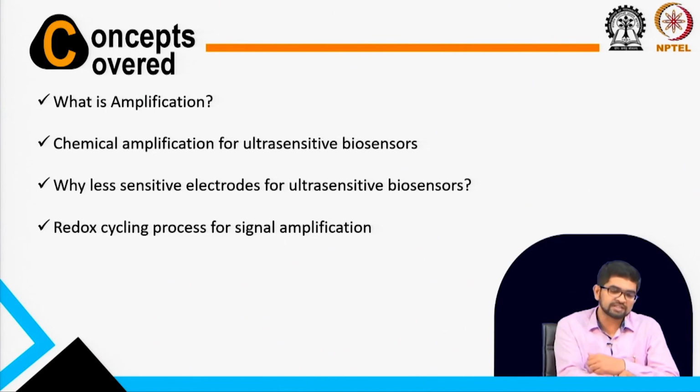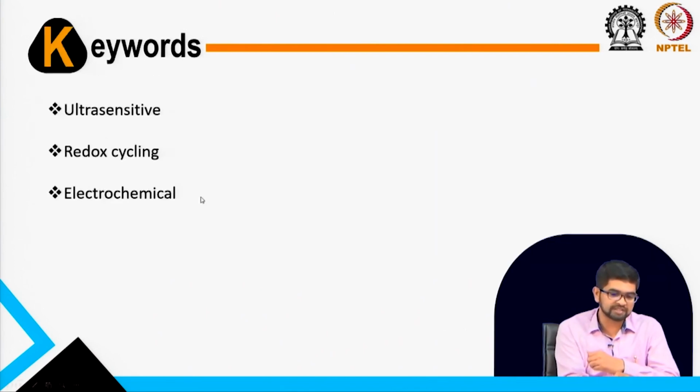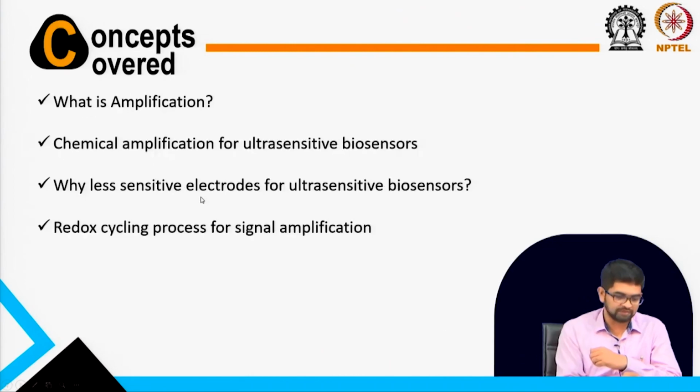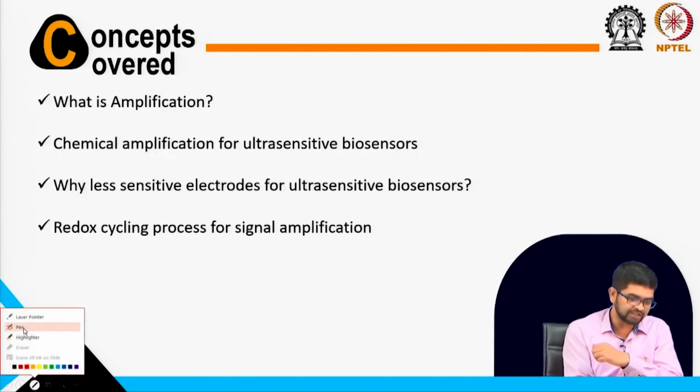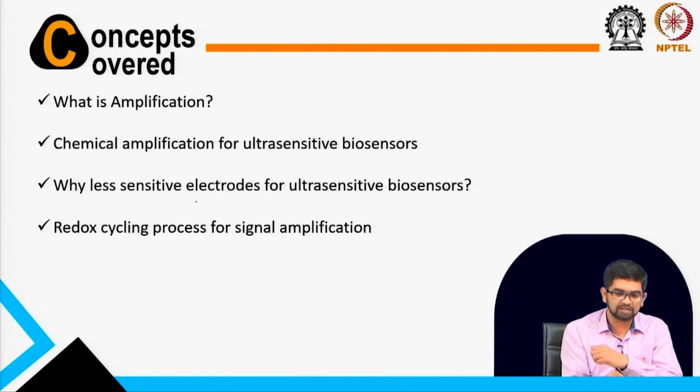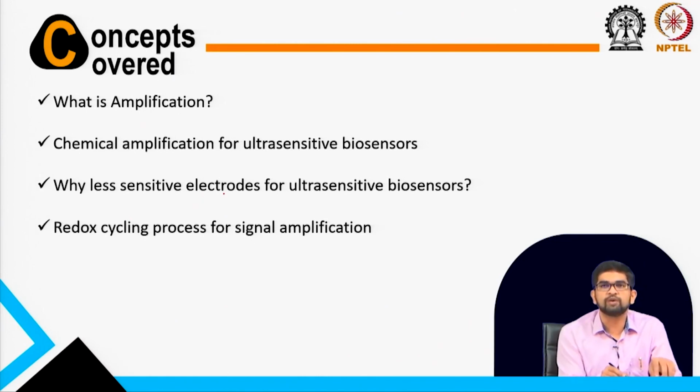For this ultrasensitive biosensor development, we need some electrodes. So what electrode do we need? Suppose I told you about different nanoparticle modified electrodes. Sometimes this nanoparticle modified electrode can be very highly conductive.